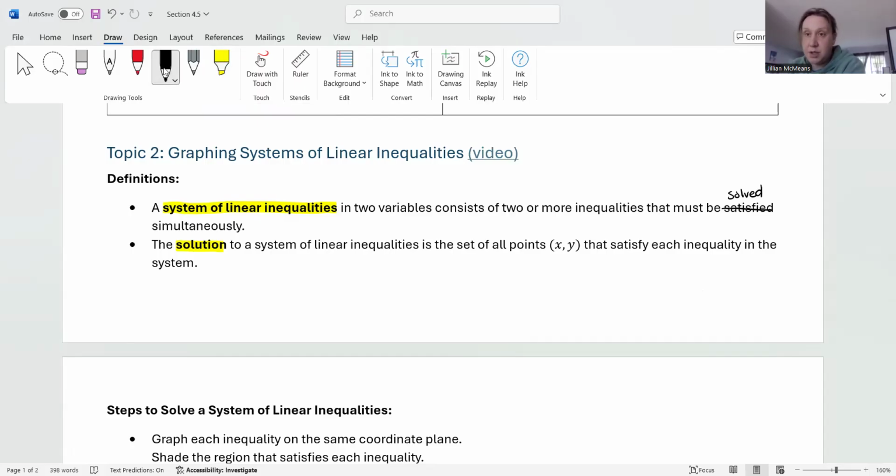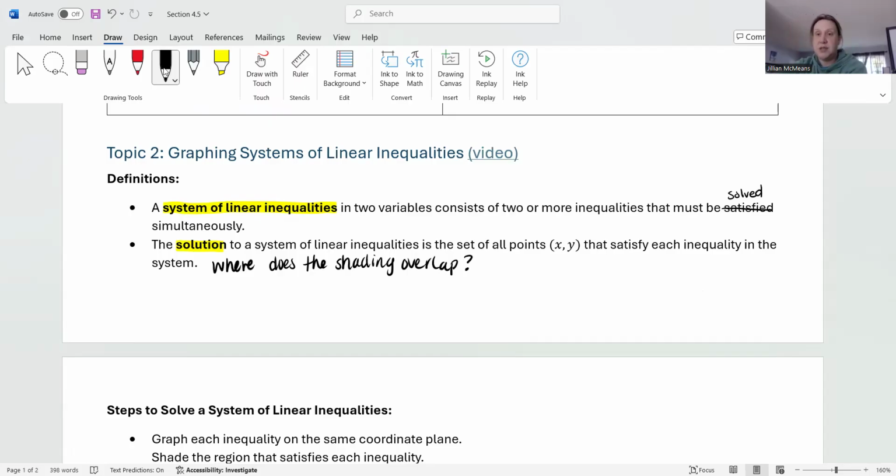So basically, for a system of linear inequalities in two variables, we're going to graph both inequalities in the same Cartesian plane, and we're going to see where the shading overlaps, okay? So that's the question you ask yourself: where does the shading overlap?